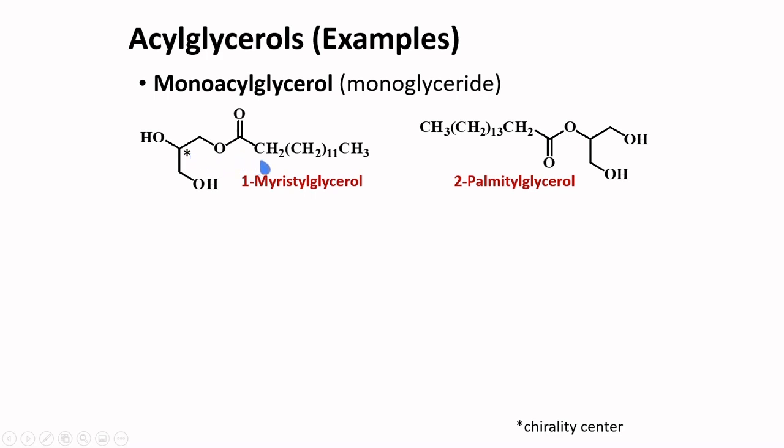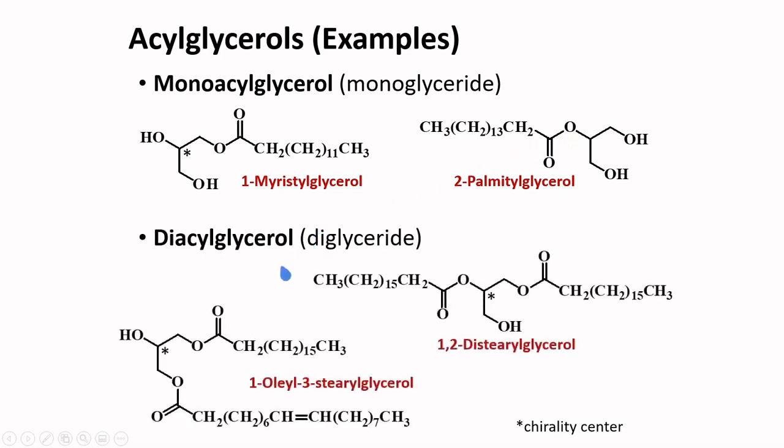Since this fatty acid is derived from myristic acid containing 14 carbon atoms, this compound is called 1-myristyl glycerol. The attachment can be at the terminal oxygen or at the internal oxygen, as in the case of 2-palmityl glycerol. Palmitic acid has 16 carbon atoms.